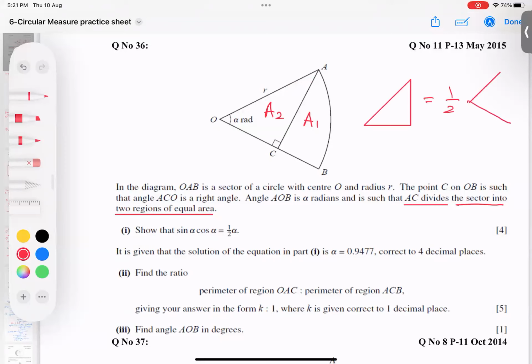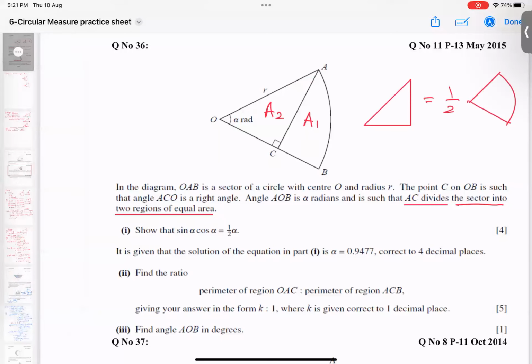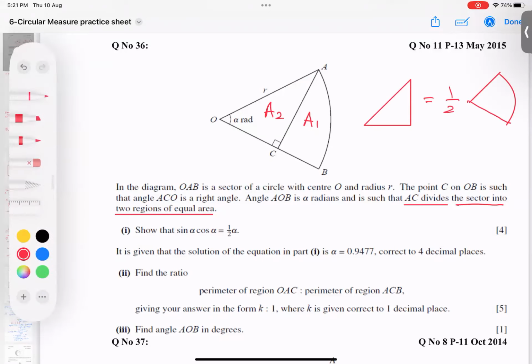I repeat my words, this makes the question easier, because I know that area A2 and A1 are equal to each other. Or can I say that the full area is divided into two parts, half area here, half area here. Or you can say that this A2 is half of the full area. So this connection is very, very important, and this will help us to solve the question.